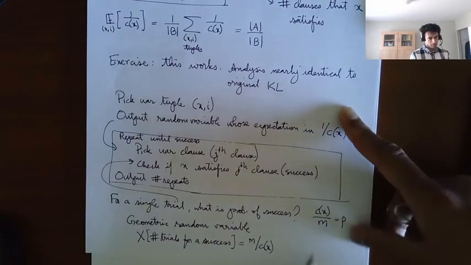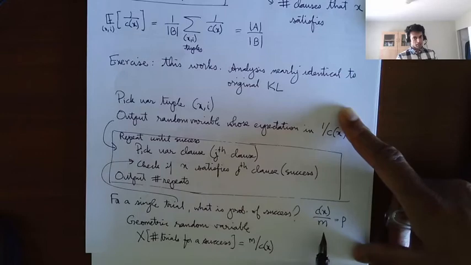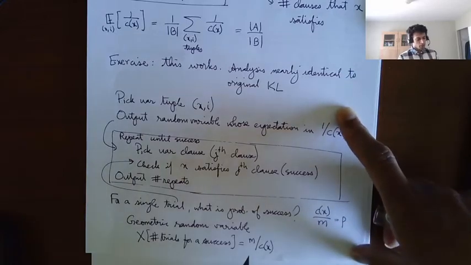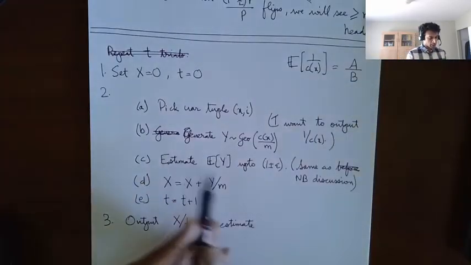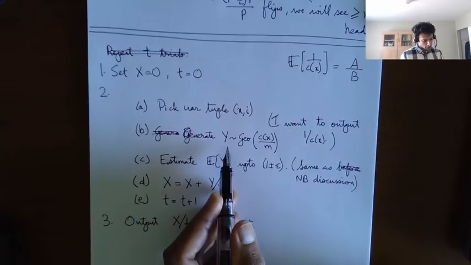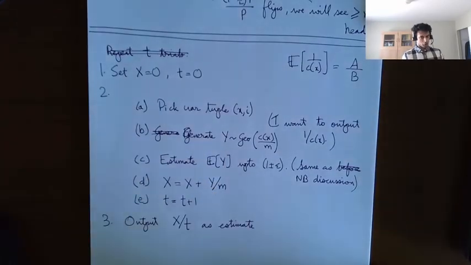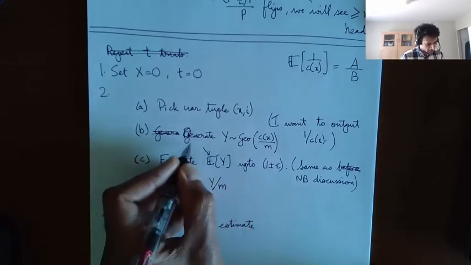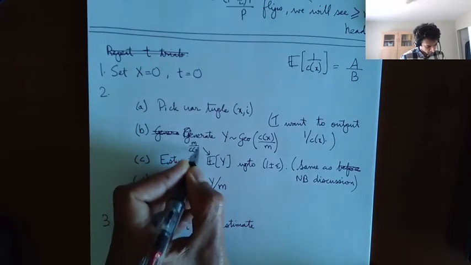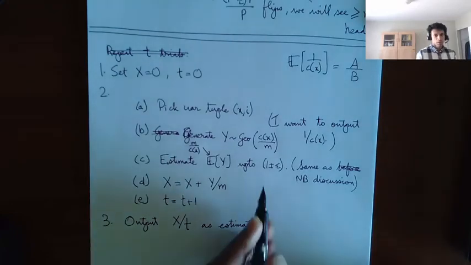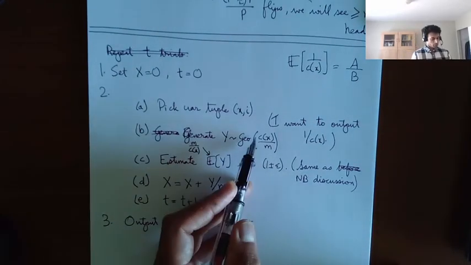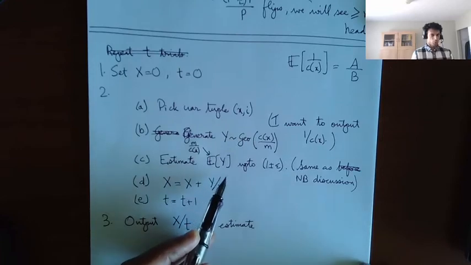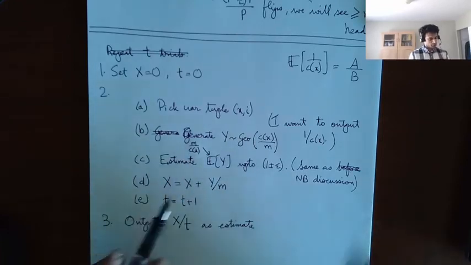So for a single trial, the probability of success is cx divided by m. The geometric random variable has an expectation which is the inverse of that, precisely m divided by c of x. I can apply the discussion earlier to get a 1 plus minus epsilon approximation to the bias, which is basically a 1 plus minus epsilon approximation of this. You can think of it either way.